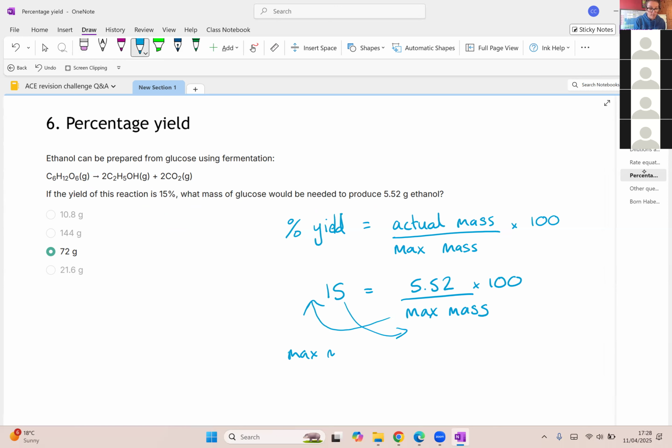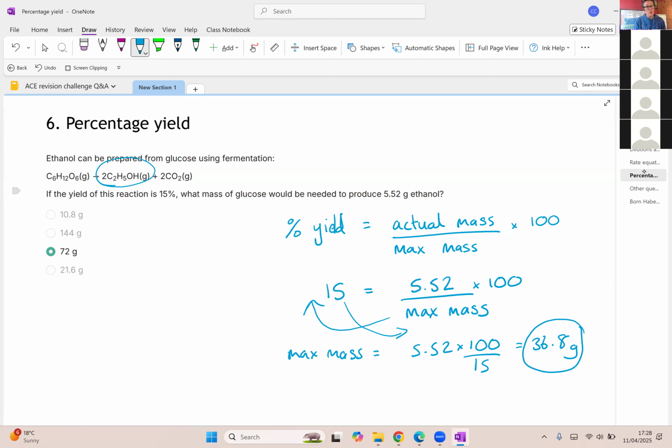Maximum mass is going to be 5.52 times 100 over 15. I basically divided it by 15%, if you prefer to think of it that way. And I'm going to get 36.8 grams. That's of glucose. Oh, sorry, that's not of glucose, that's of ethanol.